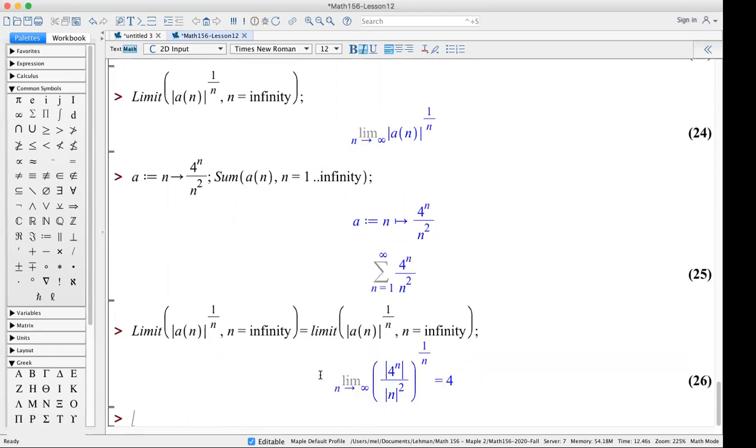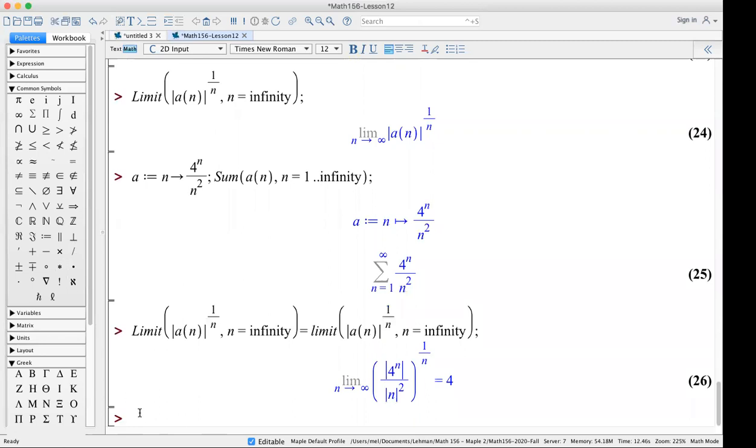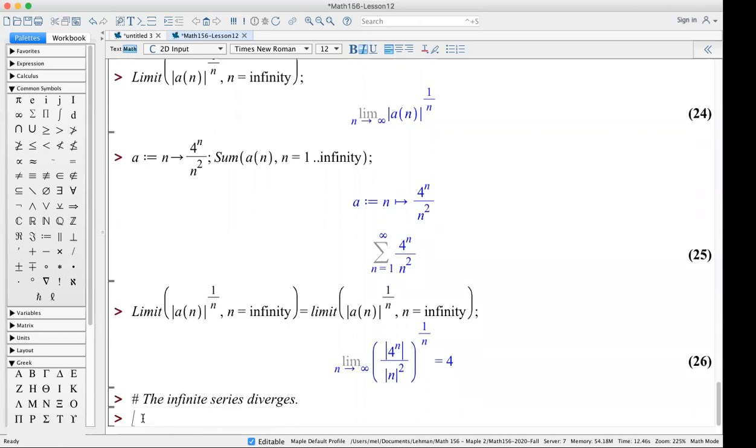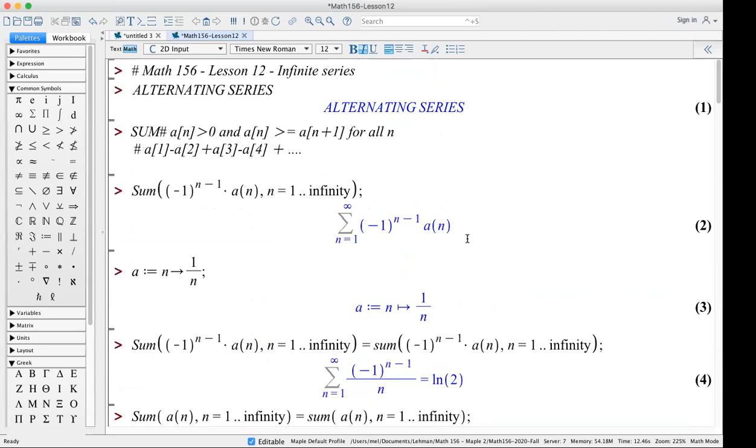The limit's 4 is greater than 1. The infinite series diverges. So Maple is useful in many ways. Here you can actually have it do the work trying to implement the ratio test and the root test to see if the series diverges. And in the next homework, there will be some problems with infinite series. So that is the lesson.